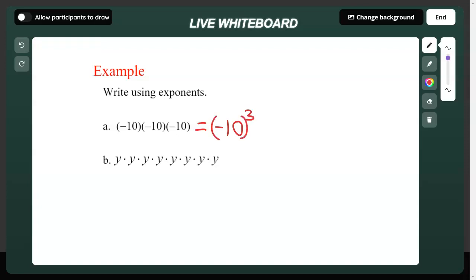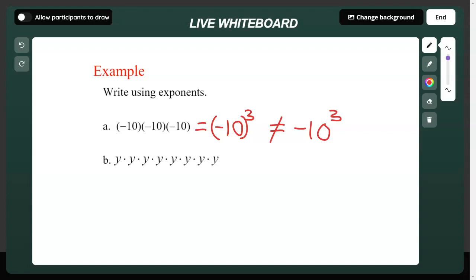These are not equivalent. That parentheses is very important. That negative 10 is the base, so the whole thing needs to be raised to the power.